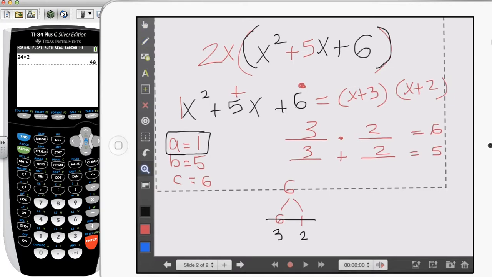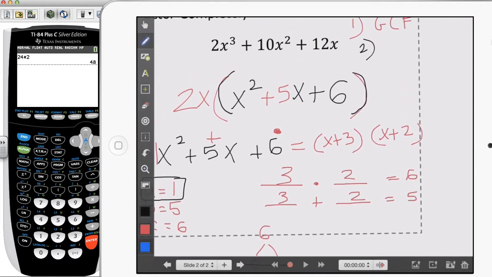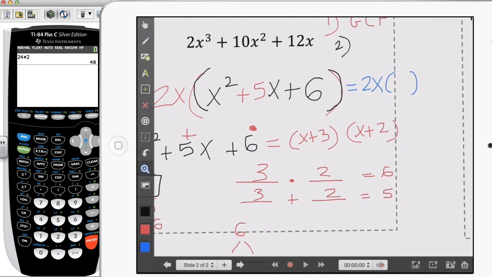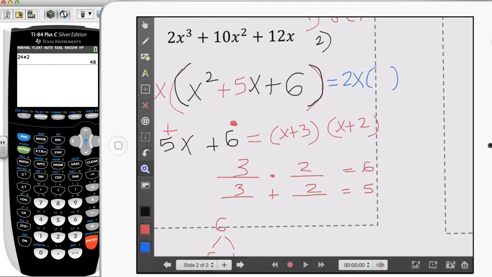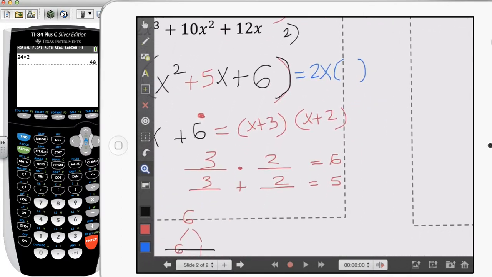So what is my final answer then? Don't forget that you factored 2x out, so you copy 2x, and I just found that my 2 factors are x plus 3 and x plus 2. So that is my final answer.